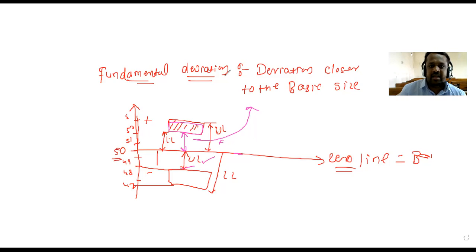Again, for the hole basis system, suppose we are having hole basis system and shaft basis system. Suppose this is the hole size, and again suppose this is the shaft size. One point you have to remember: the hole sizes are shown by capital letters.